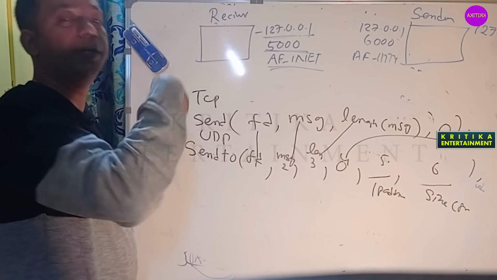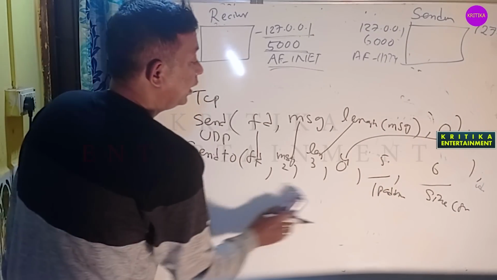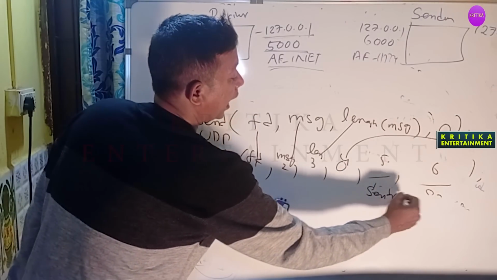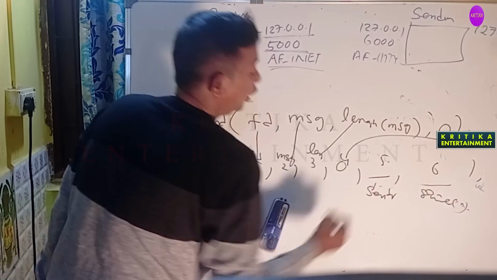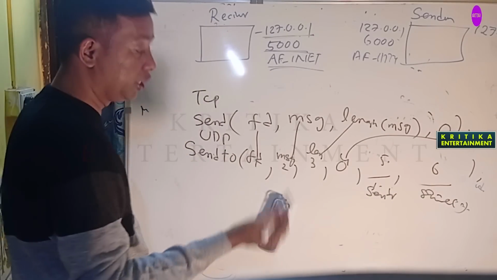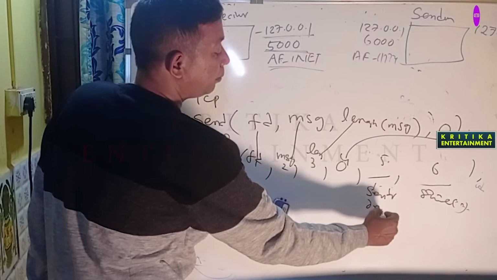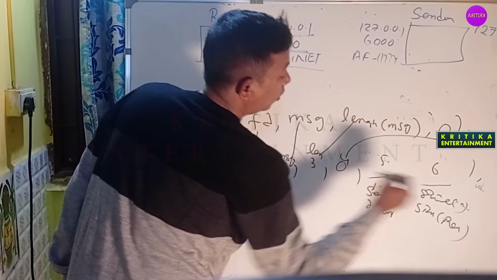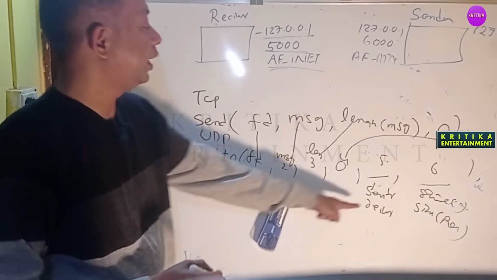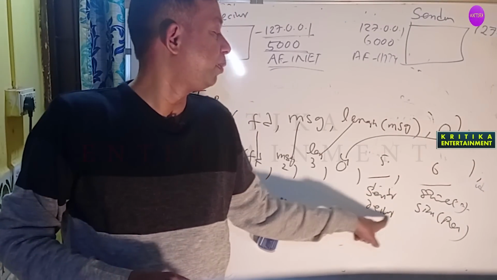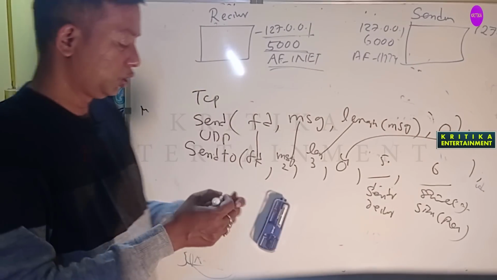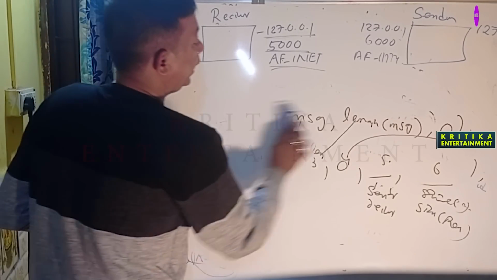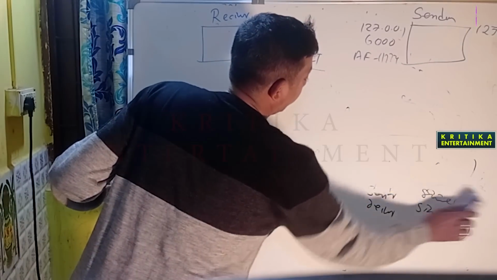Suppose you want to send the message to the sender, then you write sender and size of sender. If you want to send a message to the receiver, you write receiver and size of receiver.